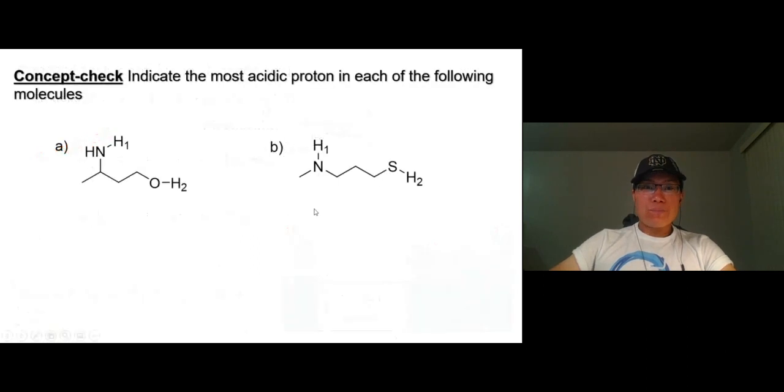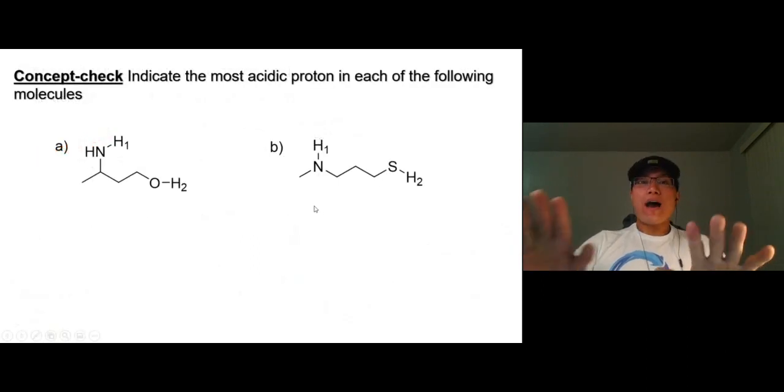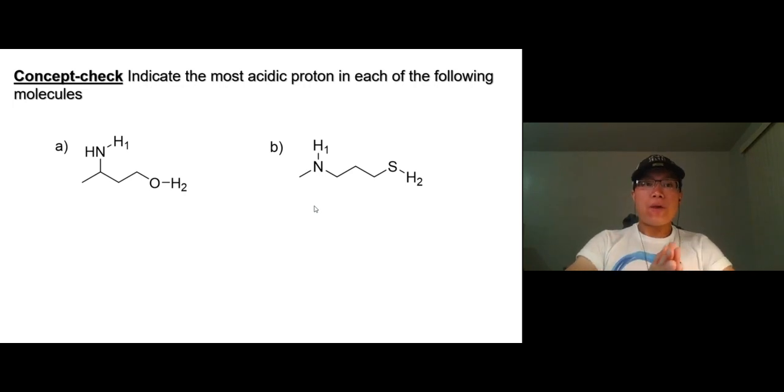That's how we do it. All right, so concept checkpoint. Pause the video and try on your own, and now let's check with me. In A, we have H1 and H2. Who is a stronger acid? If you know the pKa, go for it. But if you don't know, you can use just those factors I told you. Write out the conjugate base. So we have a negative charge on nitrogen and a negative charge on oxygen.